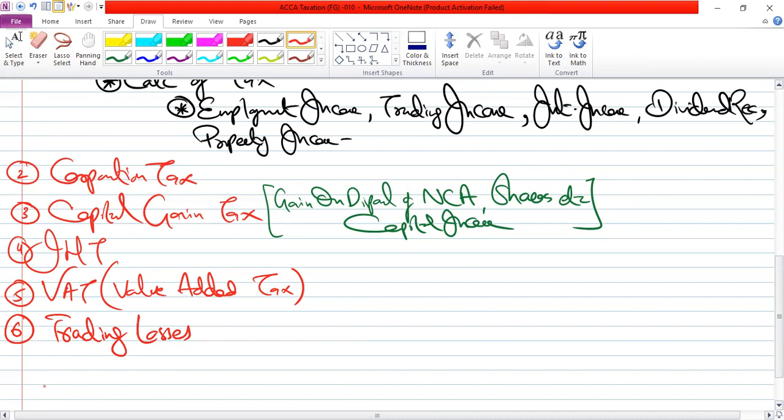Are any reliefs available? Because when we earn, the government charges tax, so what if we have a loss? Will the government give us some relief or not? The answer is yes. The government is going to give you relief, and those reliefs are in the trading losses chapter. For individuals we have a separate chapter for trading losses. For companies we have another chapter, so in total two chapters on trading losses. Got my point?